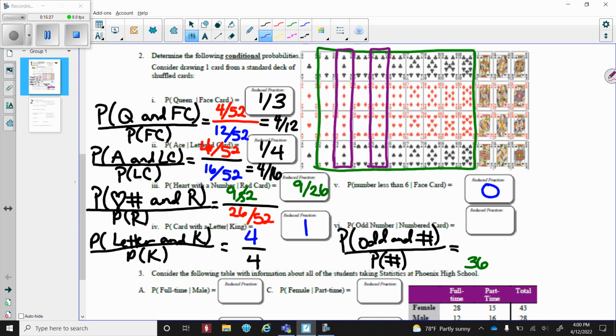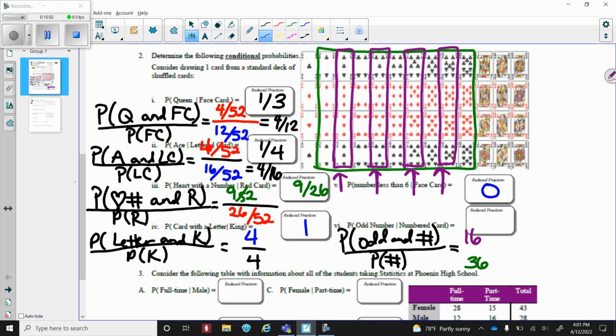I'm going to block that off. 6 is even. 7 is odd. 8 is even. 9 is odd. And 10 is even. I have blocked off 1, 2, 3, 4 different columns, each with 4 cards in it. So I blocked off a total of 16 cards.